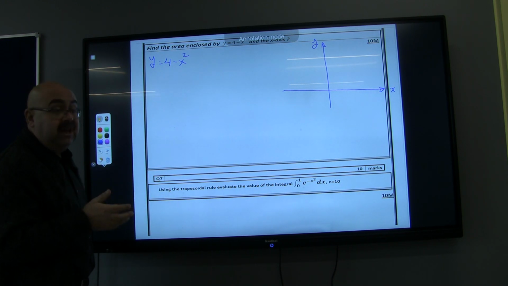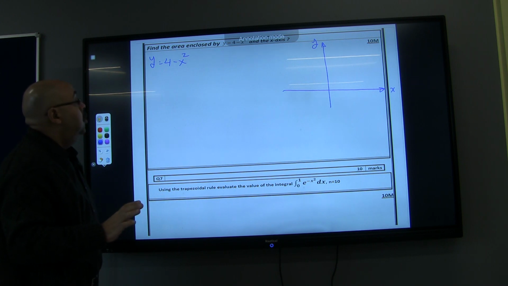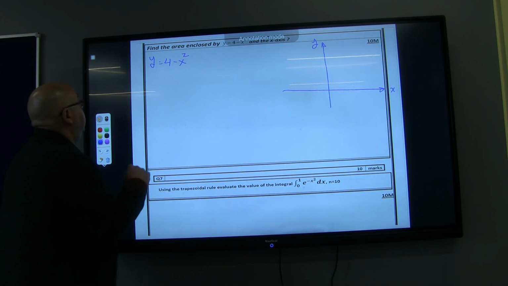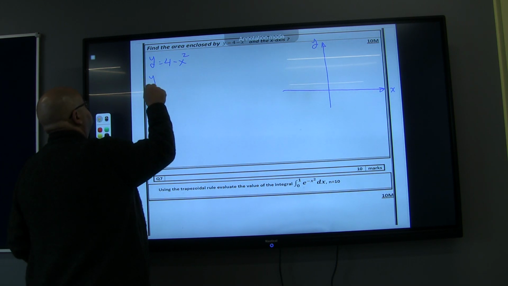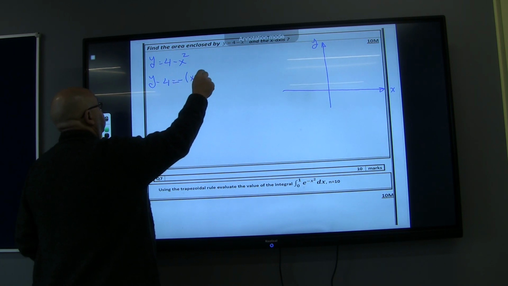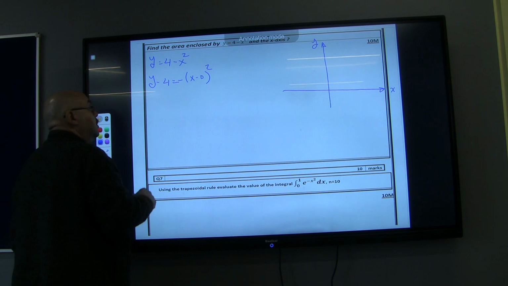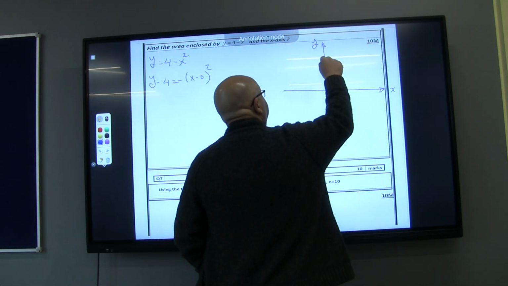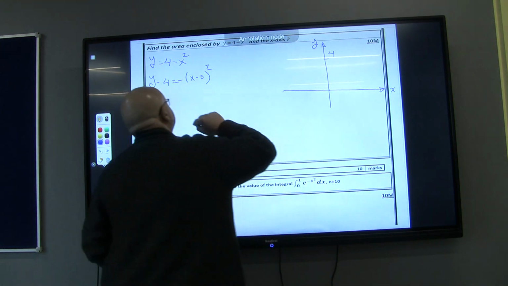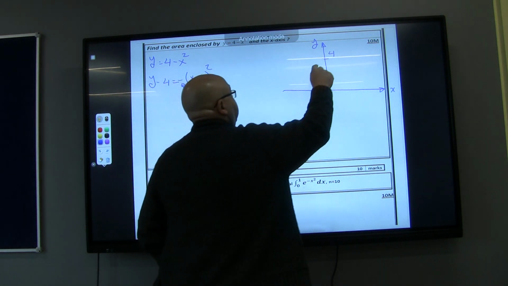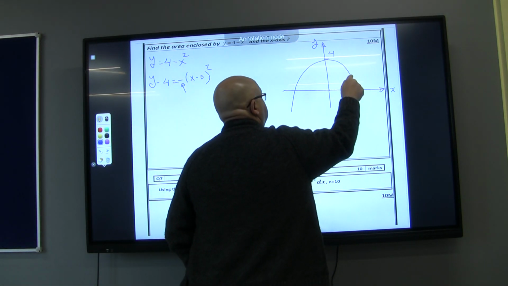The axis of symmetry is the y-axis. If you don't want to go through this knowledge and you want to go the safest way, let's put it in the form y minus 4 equals negative x minus 0 to the power of 2. So simply the vertex will be at 0 and 4, and the curve will be downward since this sign is negative. So this is mainly your function.